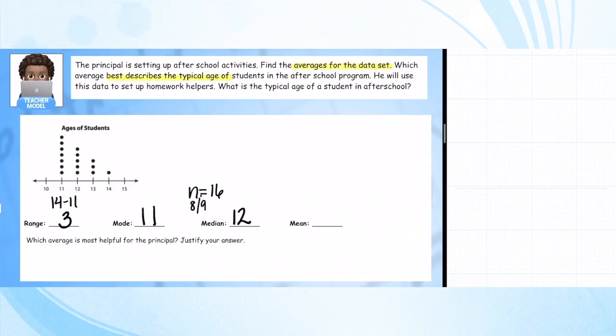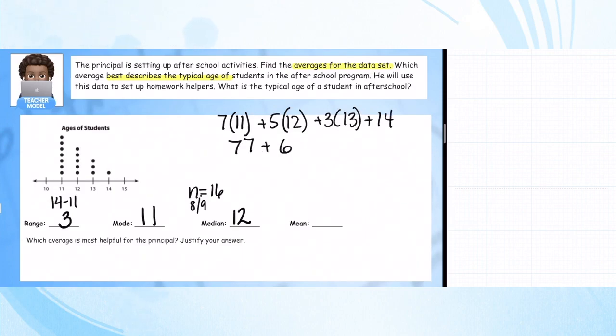For 11, how many sets of 11 do I have? 1, 2, 3, 4, 5, 6, 7. Plus, how many 12s? 1, 2, 3, 4, 5. Plus 3 13-year-olds, plus a 14-year-old. So we have 77 plus 60 plus 39 plus 14. I'm going to use my calculator to simplify these. 77 plus 60 plus 39 plus 14 gives us a total of 190.